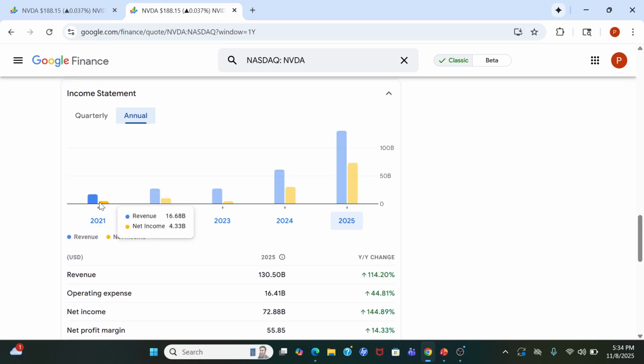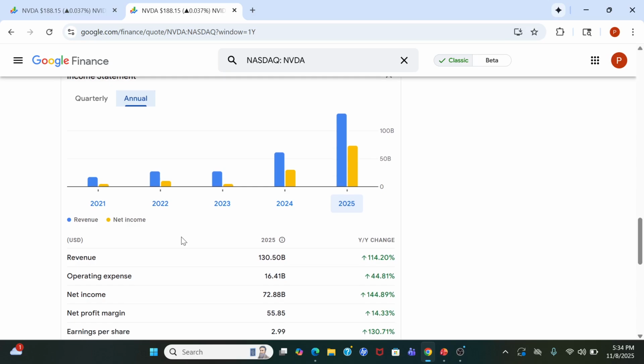Every year their revenue has been growing, and their net income is also growing. In a good company, they bring in more revenue and they also keep more. That shows how strong the company is.